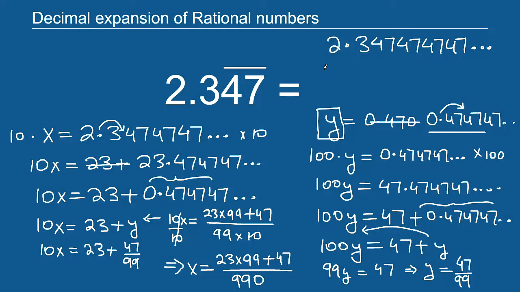So we have been able to express this decimal expansion as a rational number, which can be expressed in the form of p by q. I know this is a fairly complex question, but I wanted to take a look at the complex question and not one of the easier examples.